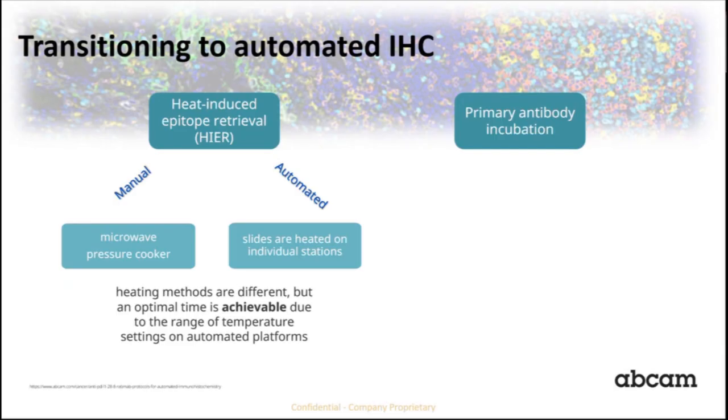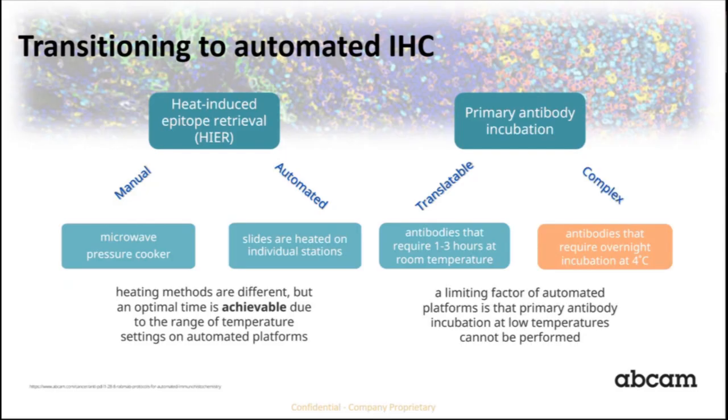But for primary antibody incubation, if the antibodies that you are using are used at room temperature for 1 to 3 hours, they will be easily adapted onto the automated platform. However, if you are using overnight incubation of your primary antibody, this can usually be hard to translate to the automated system due to instrumental limitation.